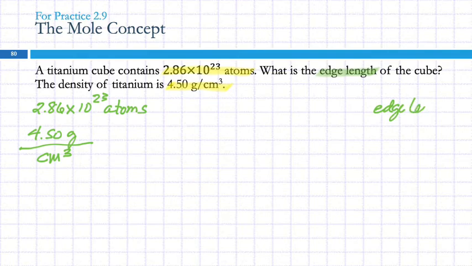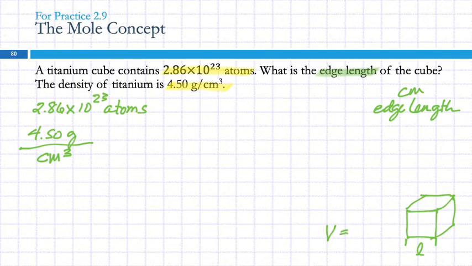What might be a good unit for that? It doesn't tell us a specific one. Centimeters, right? Okay, well, what do we know about a cube? It's cubed. The volume equals L cubed.